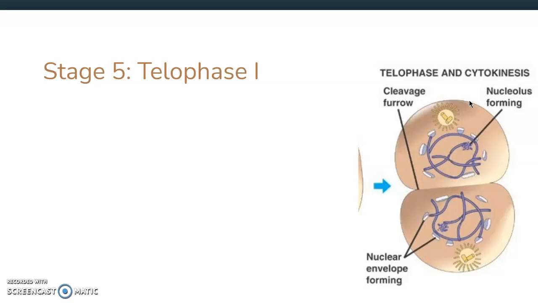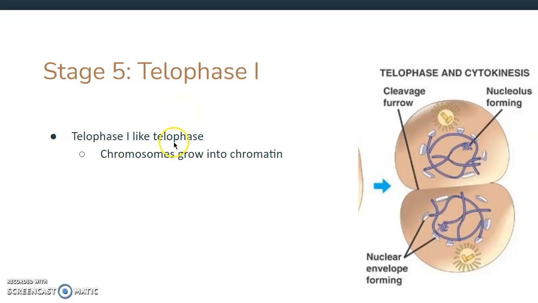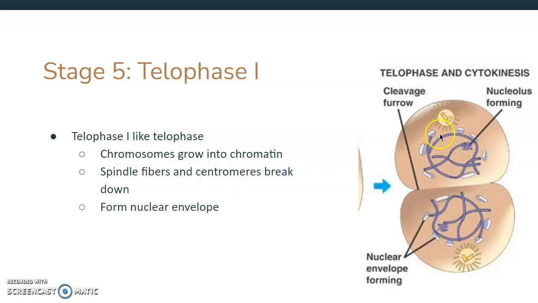Then we have telophase 1, which is just like telophase. Our chromosomes grow back into chromatin, and we start to get our spindle fibers to break down, and our nuclear envelope starts to appear. So we can see these little whiter parts making a circle.